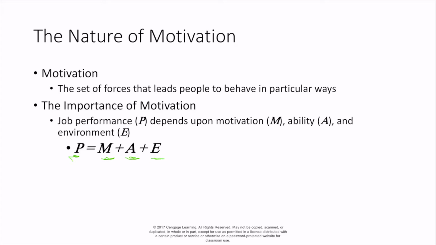So if I have a motivation towards something, and I believe I have an ability to accomplish whatever task I want, and I have an environment that encourages and fosters motivation, that's when I'm going to get productivity or performance, and that's what we're looking for. But it takes a combination of these three: motivation, ability, and environment, to foster that type of performance that you're looking for.